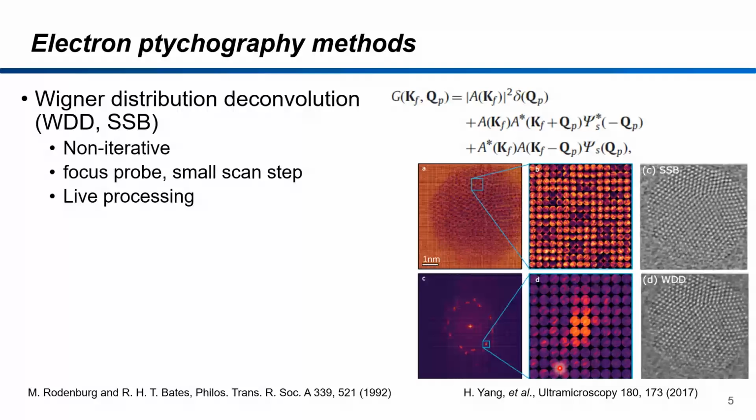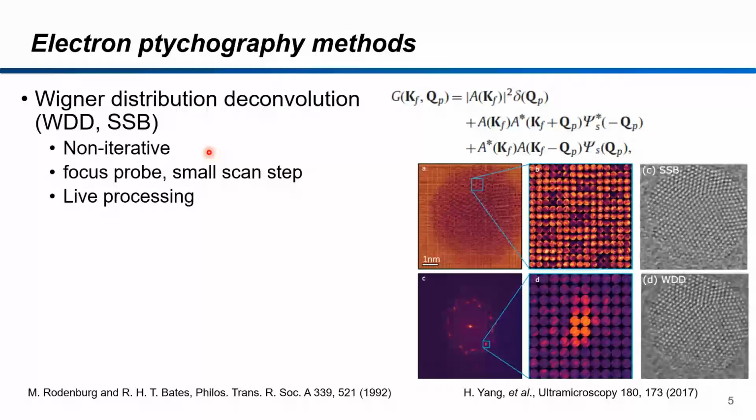So I will mainly focus on the ptychography method, since ptychography uses the pixelated diffraction patterns at different scanning positions. So these methods fit well with the 4D STEM setup. And the first type of ptychography is called Wigner distribution deconvolution, usually WDD, or, in a simplified version, the single sideband or SSB.